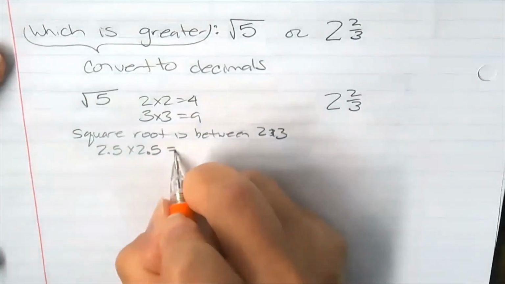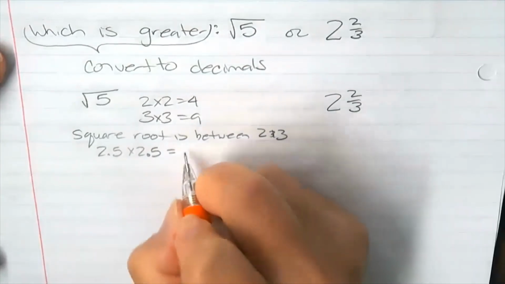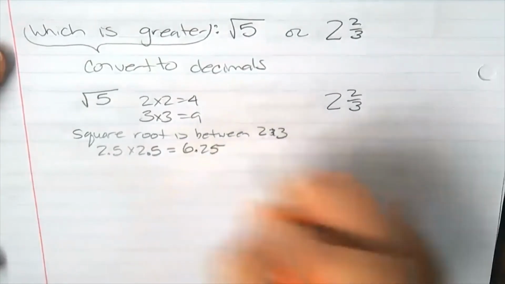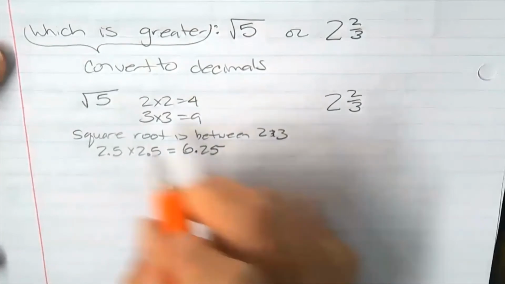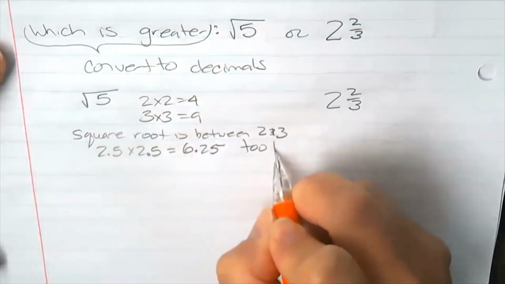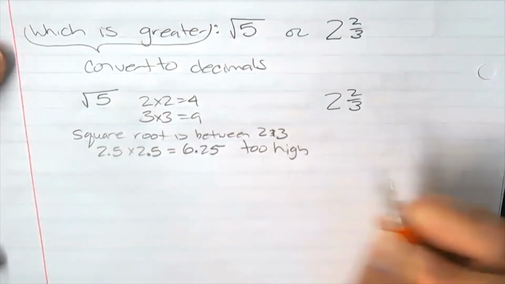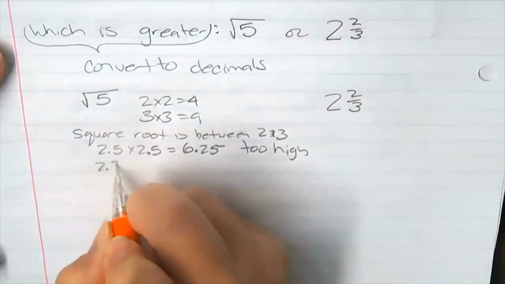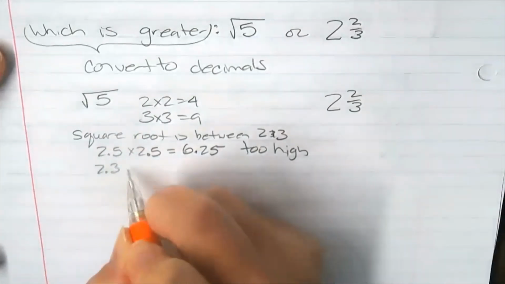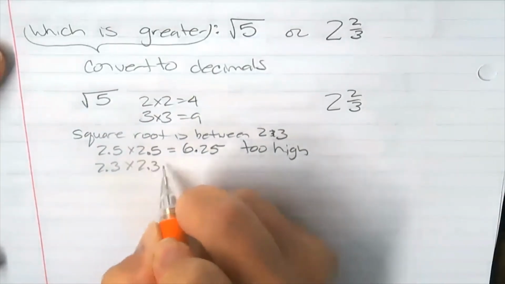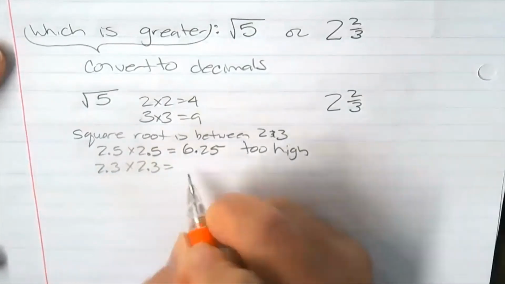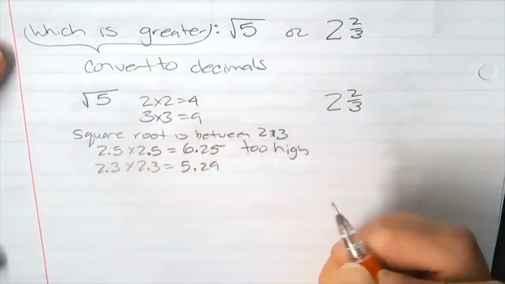So 2.5 times 2.5 is 6.25. Oh, 6.25 and 5. This is too high. So let's go to 2.3. 2.3 times 2.3 is 5.29.